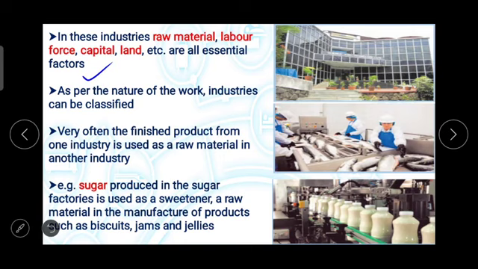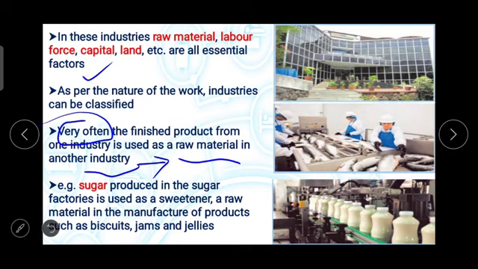Now as per the nature of the work, it can be classified, but very often the finished product from one industry is used as raw material in another industry. Very often the word used here. फाइनल प्रोडक्ट इंडस्ट्री से जो आता है वो बहुत कम बार फिर से एज अ रॉ मटेरियल यूज किया जाता है.